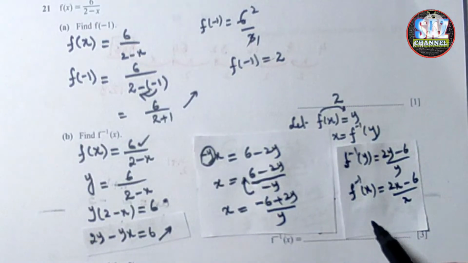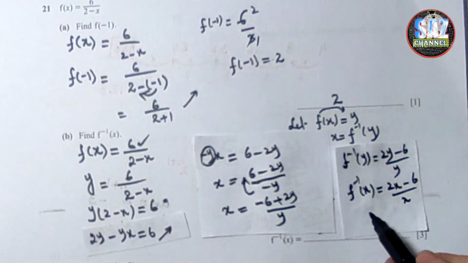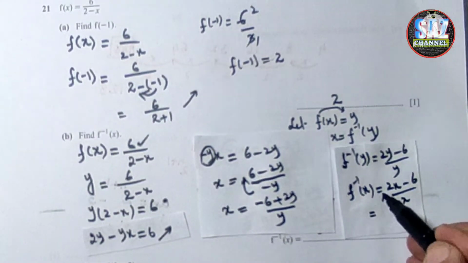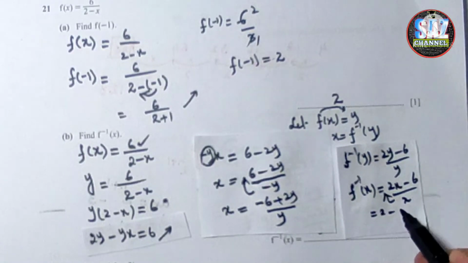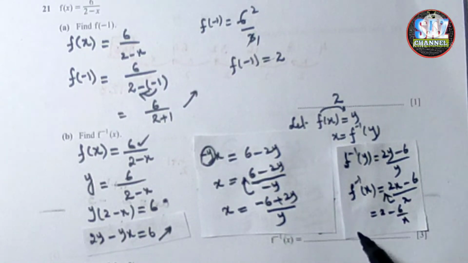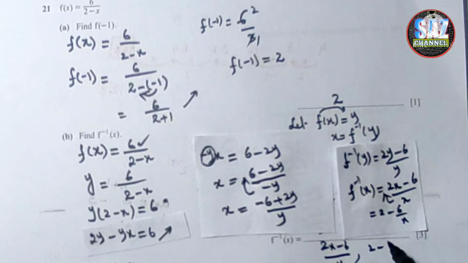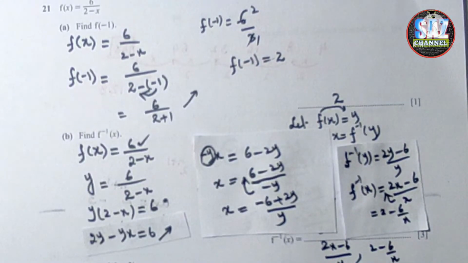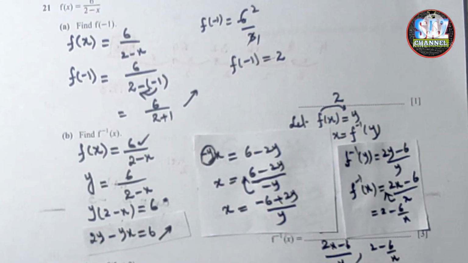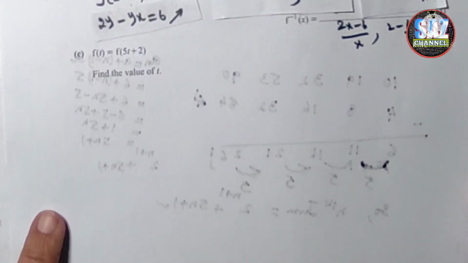Either you can leave the answer at this stage, or you can break up the denominator and it will become 2 minus 6 by x. So f inverse will have two forms of the answer, either 2x minus 6 upon x or 2 minus 6 by x. I hope you are clear about this question, and let's move to the next part.